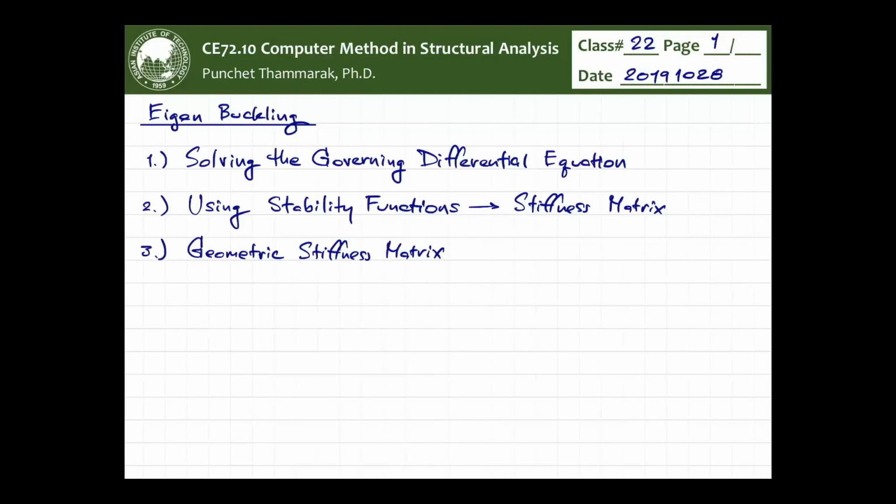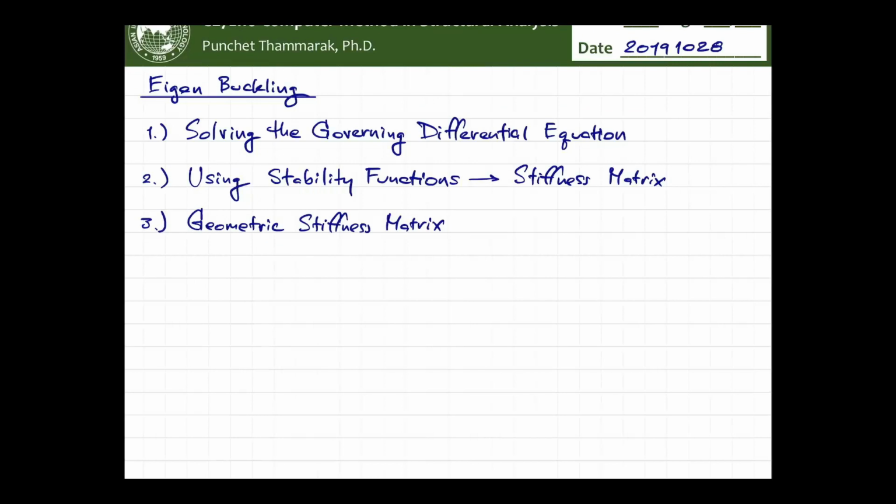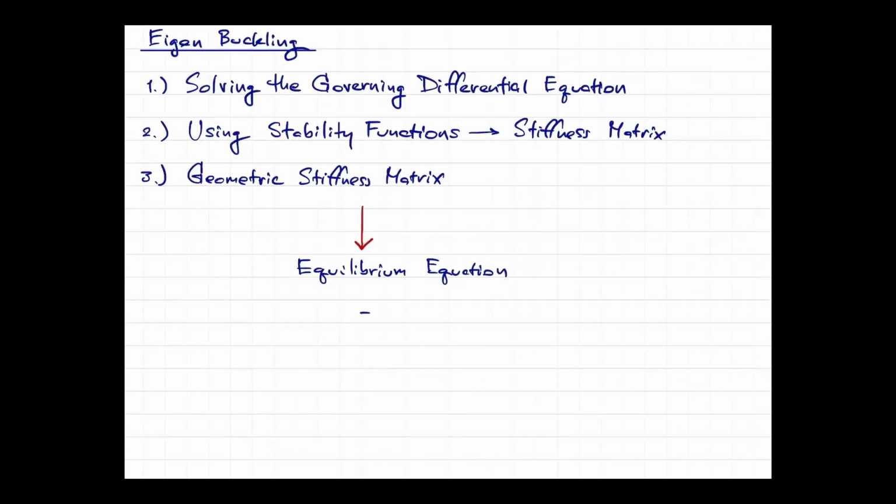Okay, so options number 2 and number 3 are very powerful. You will find the buckling load of the frame or column by casting the equilibrium equation. But what kind of equilibrium are we going to get from 2 and 3? When you cast the equilibrium equation, you have the stiffness matrix multiplied by U, and then you get the force.